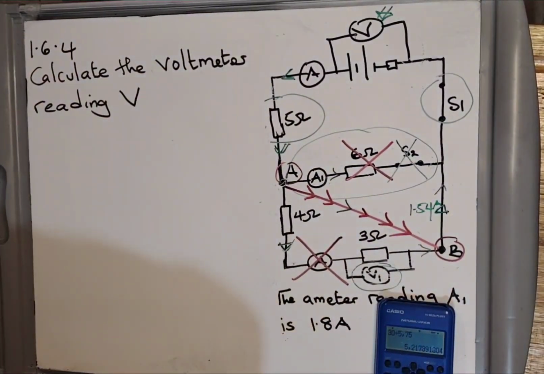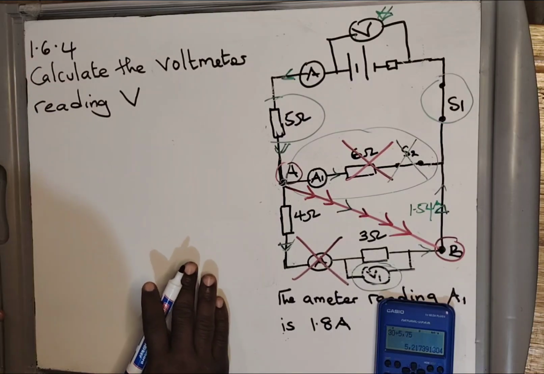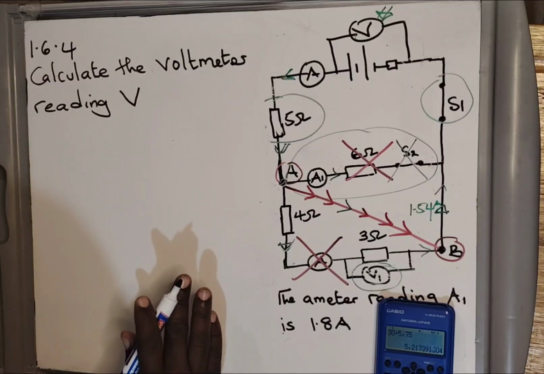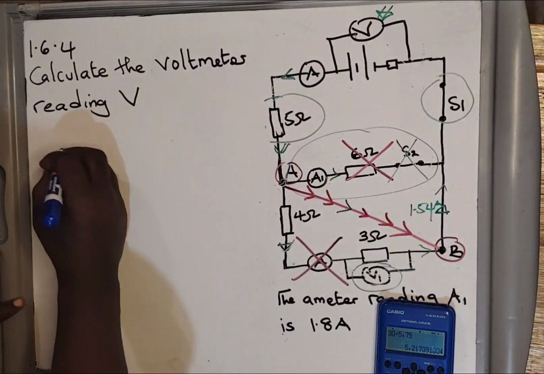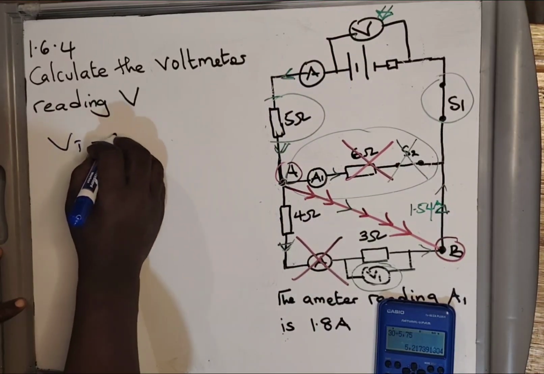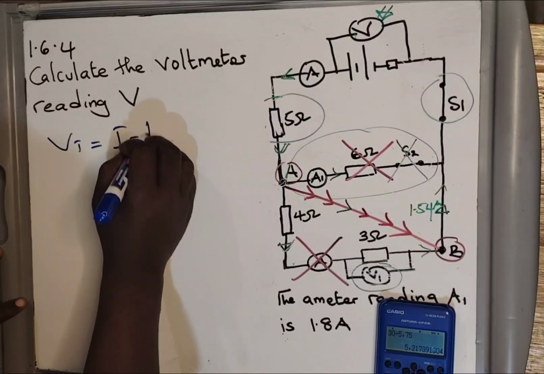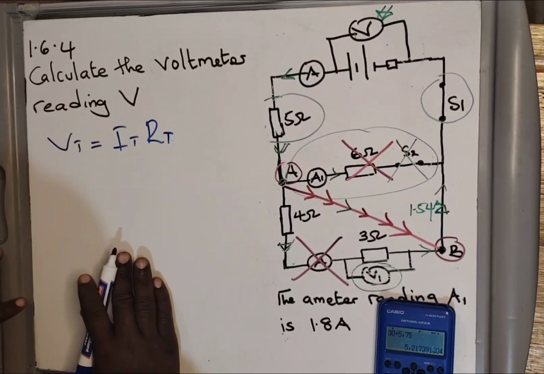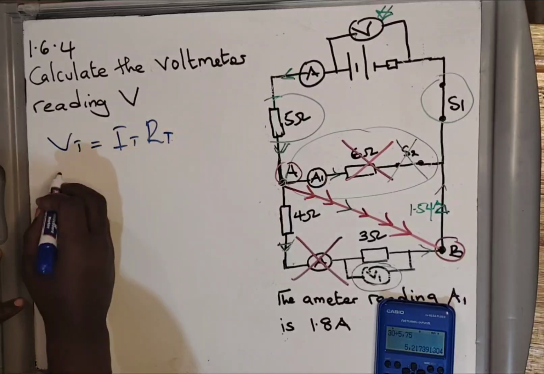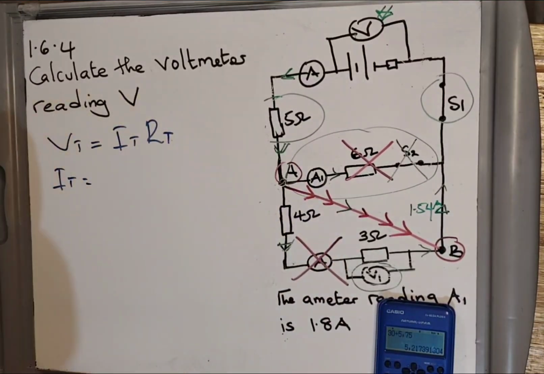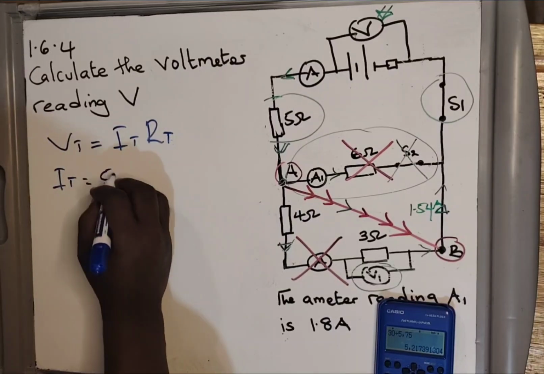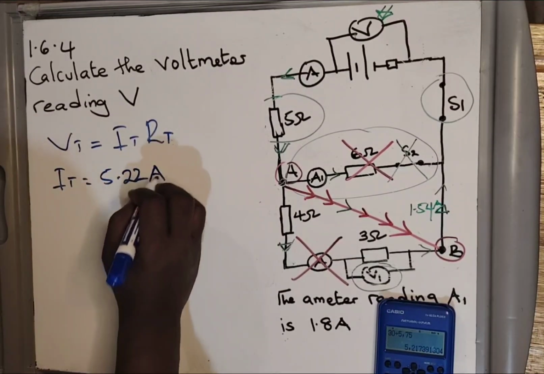Then comes our last question of the circuit, and we close. The final question says calculate the voltmeter reading V. Now we know very well that V is V terminal, which is given by I total and R total. And we just found out that I total, in this case, when the wire is there, is 5.22 ampere.